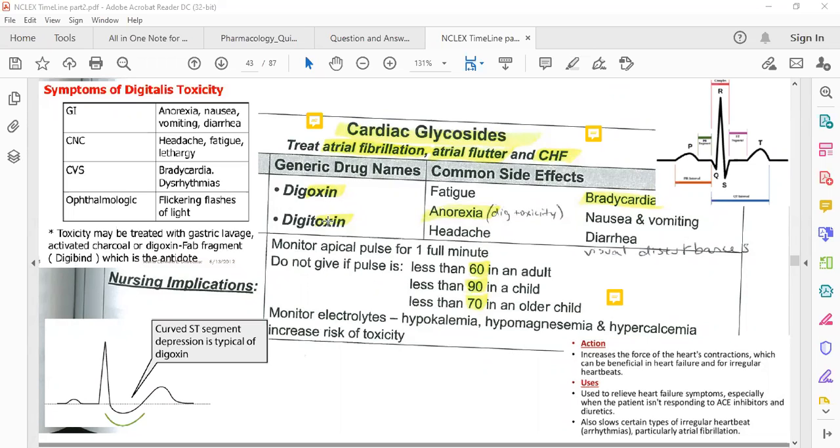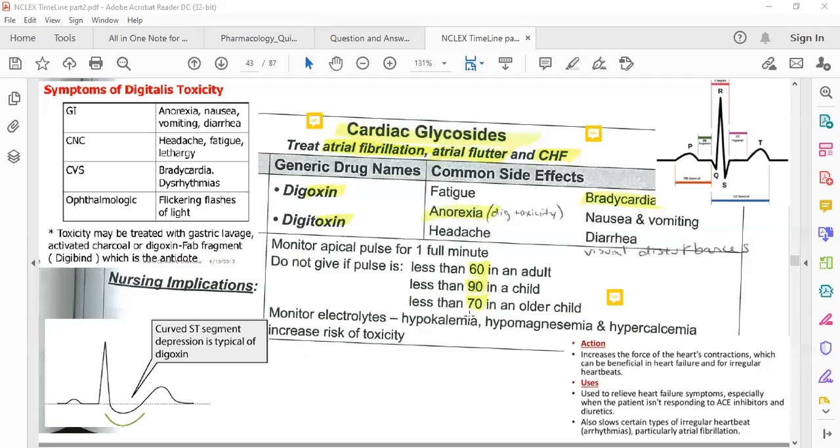Now, when your patient takes digoxin or digitoxin, we should monitor their electrolytes. Patient is at chance to develop hypokalemia, hypomagnesemia, but hypercalcemia.